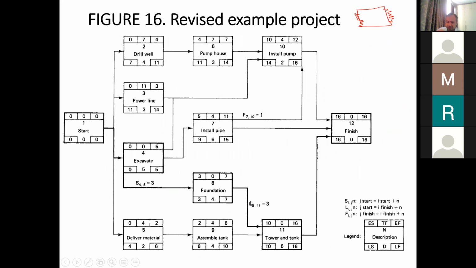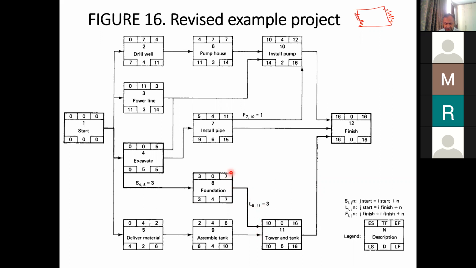So in the changed relationship, if the foundation is finishing at say 7 days, then the tower and tank will be starting at 10 days, with 3 days of lag. So this shows a finish to start relationship.